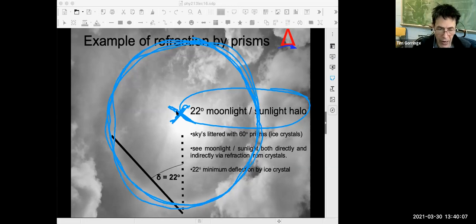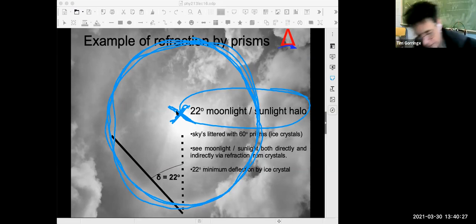And that's due to refraction of something that litters the sky. It's ice crystals that litter the sky, and they act like little prisms, and they refract or bend the light rays and cause this ring around the sun, cause this ring around the moon. And it's at 22 degrees.